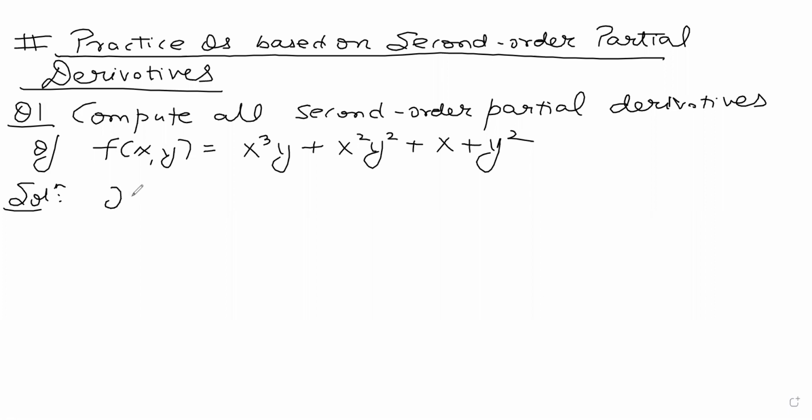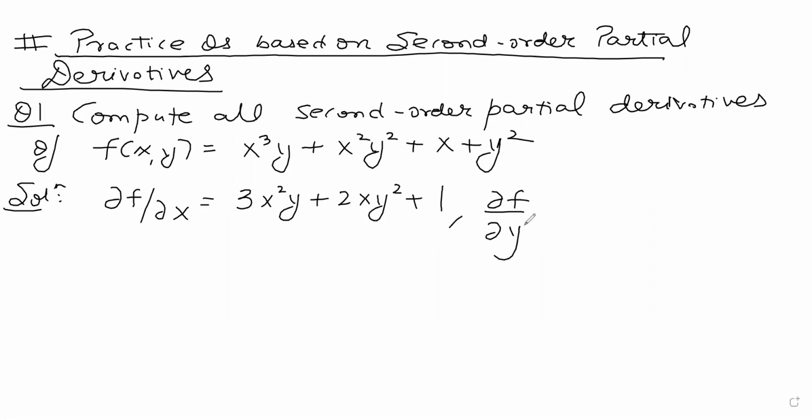So first of all, del f by del x will be: differentiate the expression with respect to x, keeping y constant. 3x square y plus 2xy square plus 1. And let's quickly find out del f by del y also. It's going to be x cube plus 2x square y plus 2y. Now from these first order partial derivatives, we can find all the second order partial derivatives.